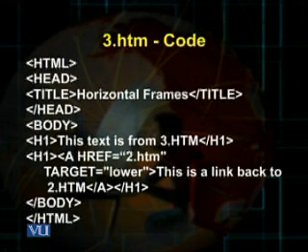Then another heading tag in which I have used the anchor tag. Now I specify the href attribute's value as 2.htm, then the target attribute, its value lower, and then I write the sentence: This is a link back to 2.htm, anchor tag closed, heading tag closed, body and HTML closed.